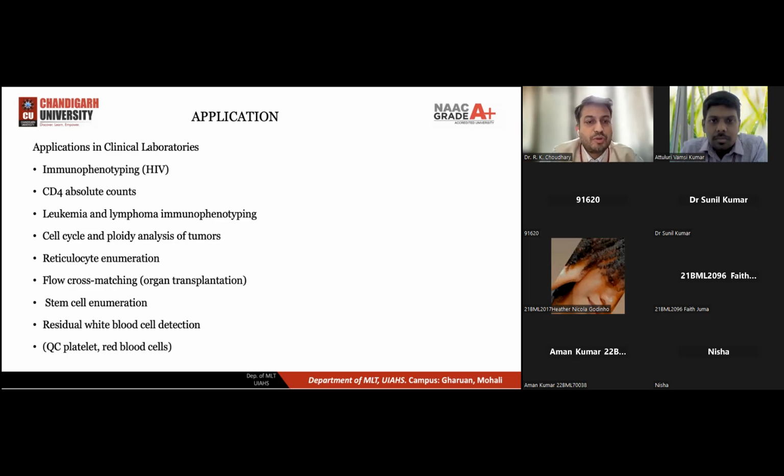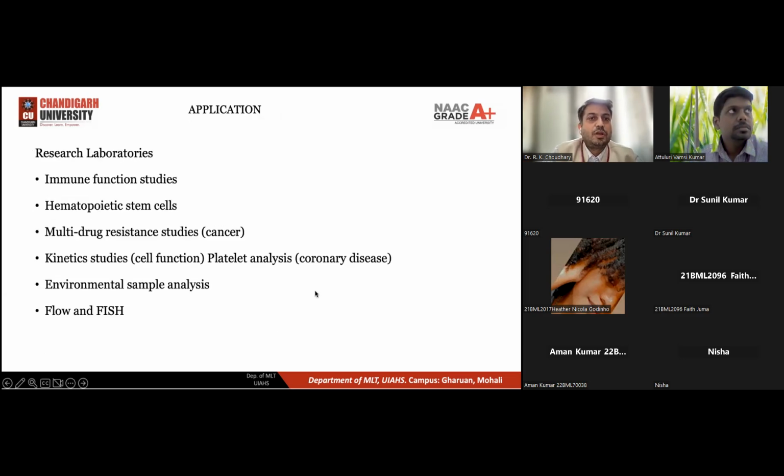Second, flow cross-matching for organ transplant, stem cell enumeration, you can go into detail for the stem cells, residual white cell detection, and quality platelet and red blood cell counts, you can do it. Second, in the research laboratory you can use it for immune function studies. I wrote the broad topics; you have to go for the detailed things.